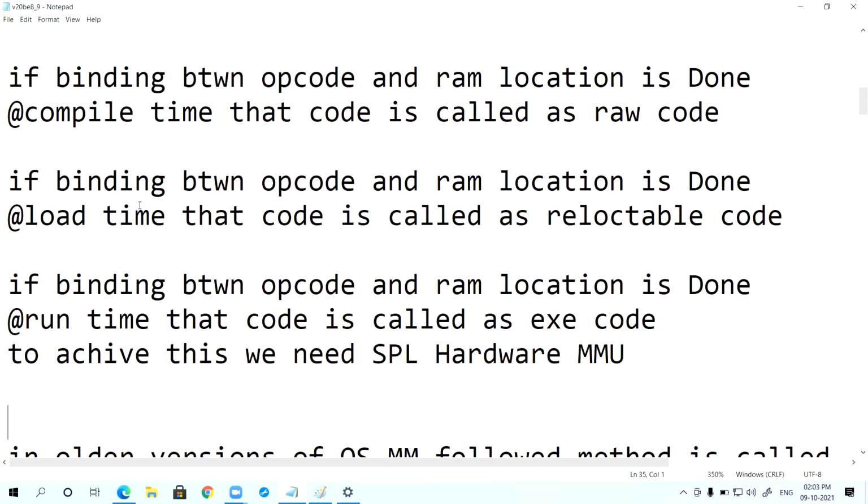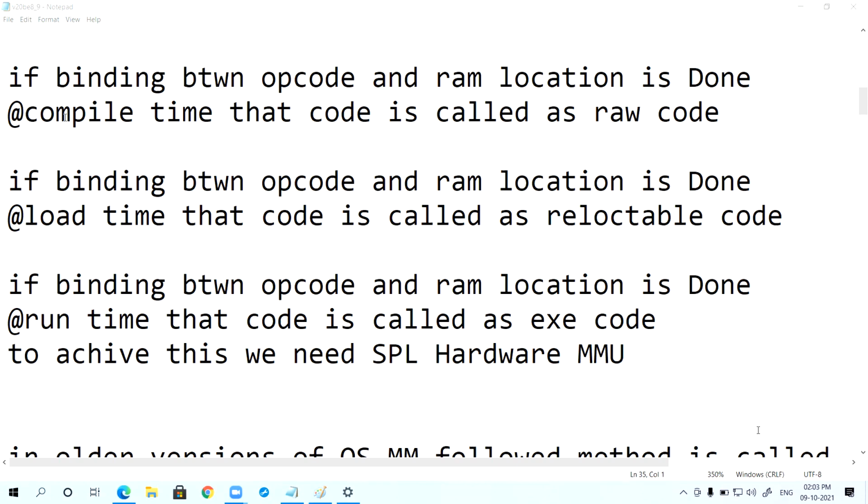Now, in an operating system environment, the instructions are going to be present in the RAM. Yesterday we were trying to understand the concept called address binding.